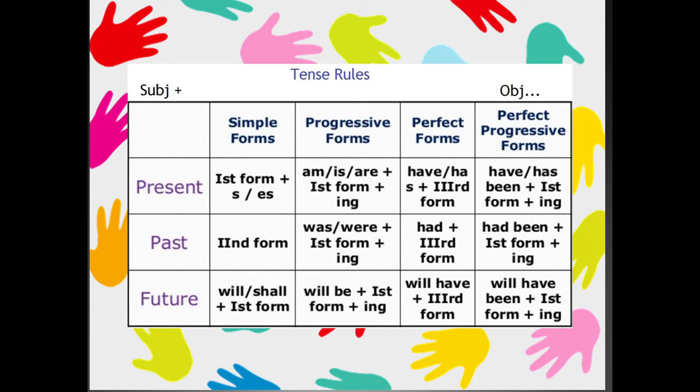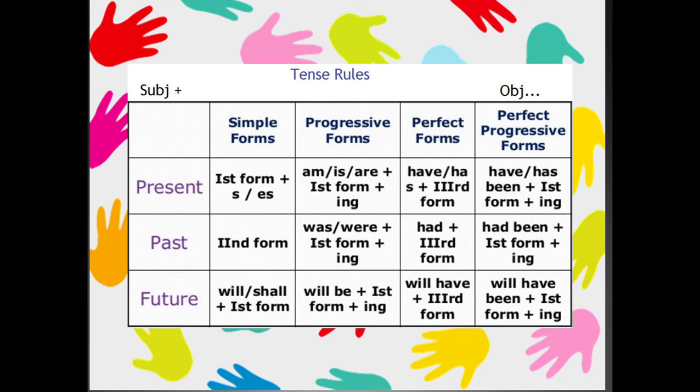In the perfect progressive form, we use had been plus the first form, and then to the main verb we add ing. In future, we use will or shall before the first form of the verb.